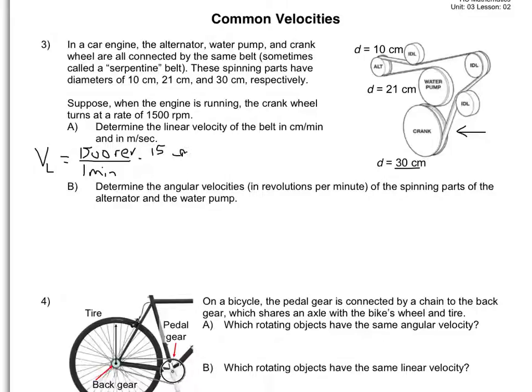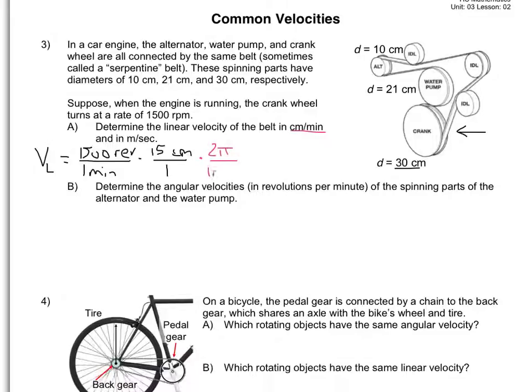So 15 centimeters over 1. Now, right now I am kind of in a mixed setting, so what I need to do now is get rid of revolutions, so I can convert to centimeters per minute. I already got the minutes there, but I need to get rid of the revolutions. So I'm going to multiply by 2 pi.